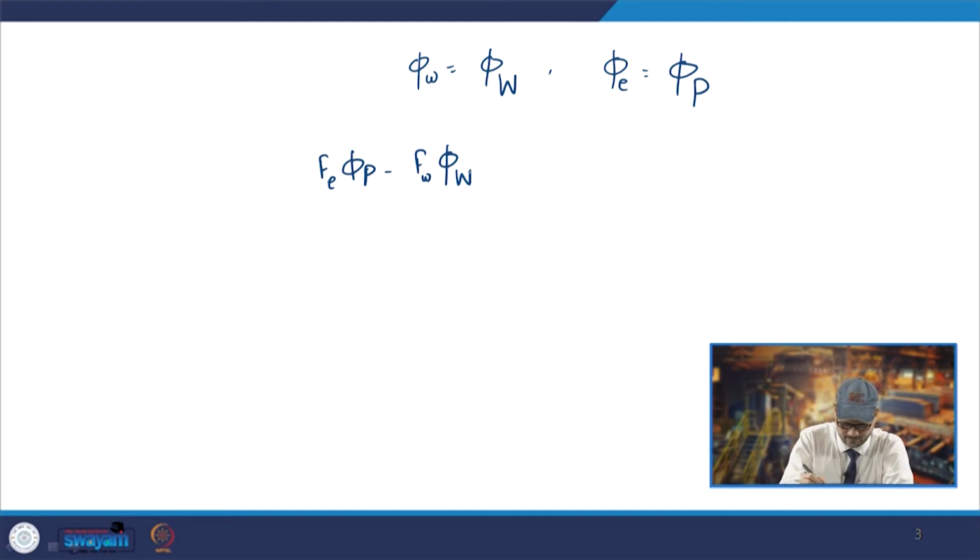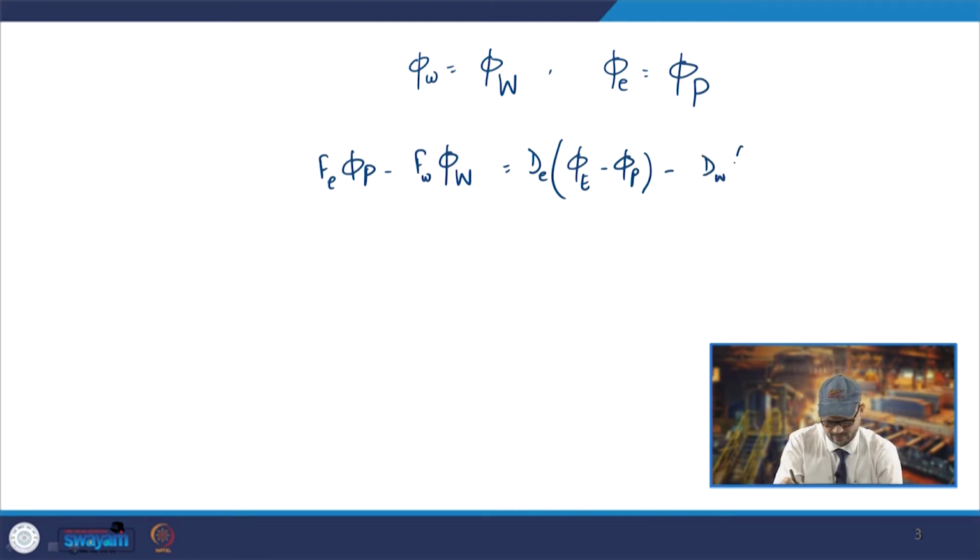Now, you will again have the d E and d W values. So d E will be multiplied by phi E minus phi P, and then d W multiplied by phi P minus phi W. That is what we normally get, and then if you try to solve, you can have the phi P terms on one side.